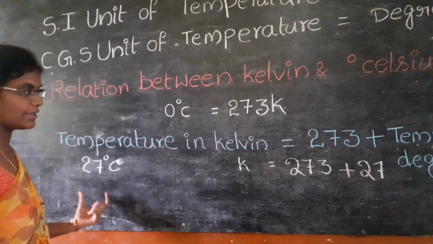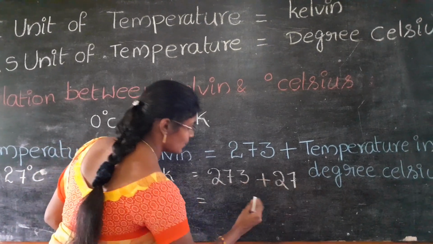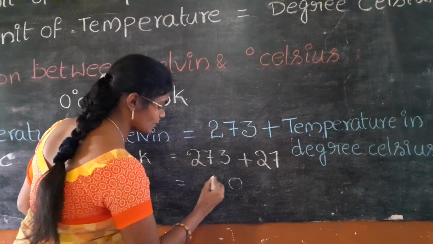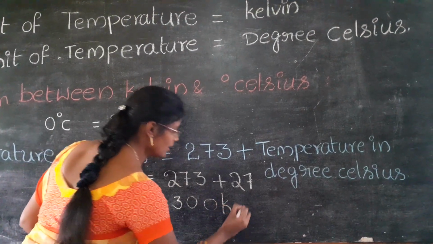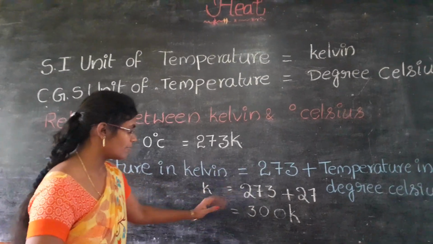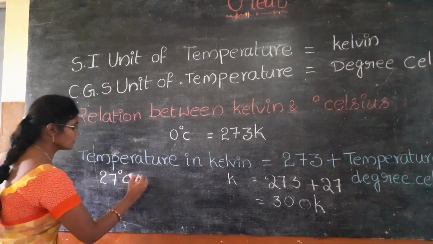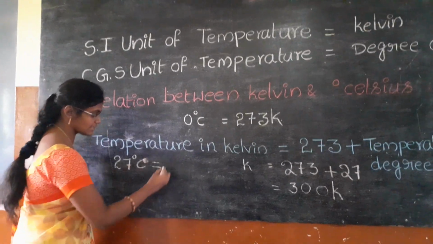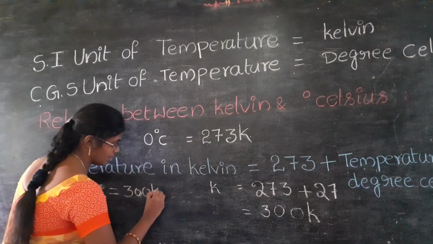So 273 plus 27. How much? 3 plus 7, 0. 7 plus 2 plus 1, 0. 2 plus 1, 3. 300 Kelvin. This is the way to convert degree Celsius into Kelvin. Now the value of 27 degrees Celsius is equal to 300 Kelvin.